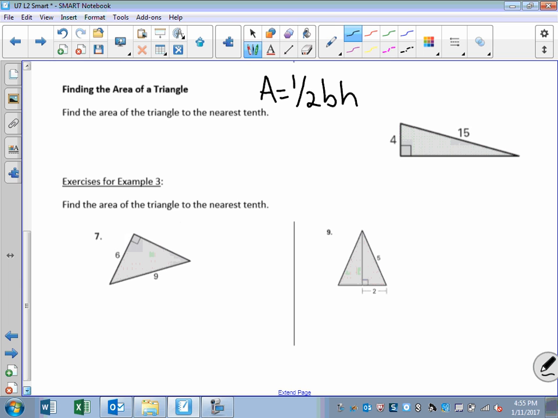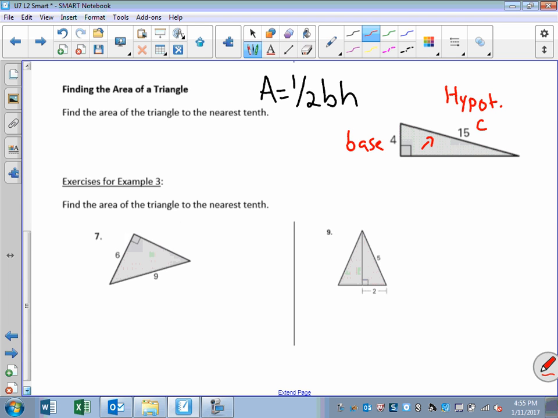If we look at our example problem, they've already given us the base. And we know that the 15 is across from the right angle, so this is the hypotenuse, or our C. So we're going to be finding the height.